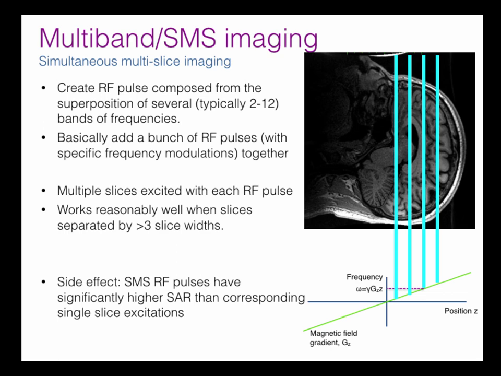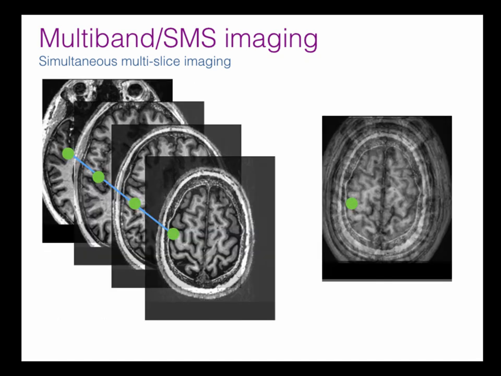Okay, so when we do that, we apply this RF pulse, and it now excites 4 slices instead of 1, in the through-plane direction. Then, having excited all those slices at the same time, we just use our regular imaging method to make images.